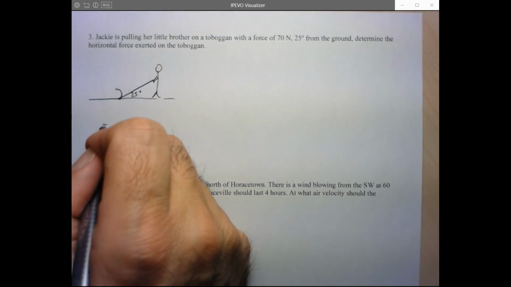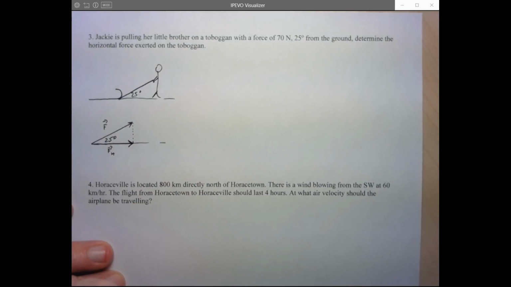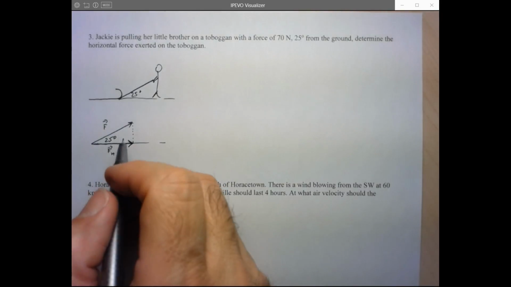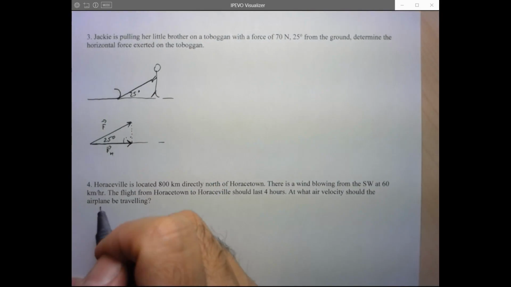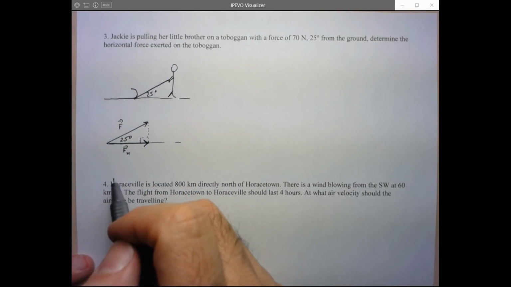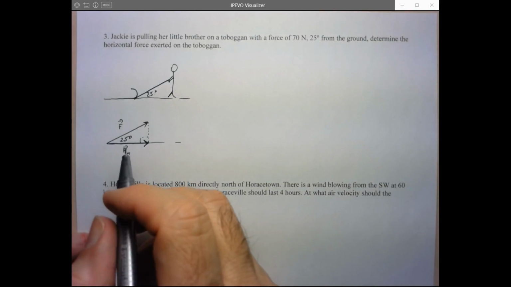If this is the force that's being applied, we'll call this the horizontal force. What's nice here is that it just creates a right angle triangle. So in order to determine this horizontal component of the force, we don't even have to use sine or cosine law. In fact, we certainly should not.